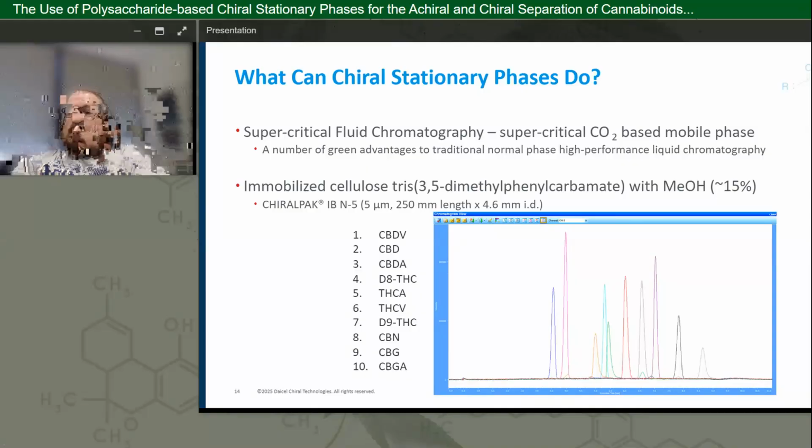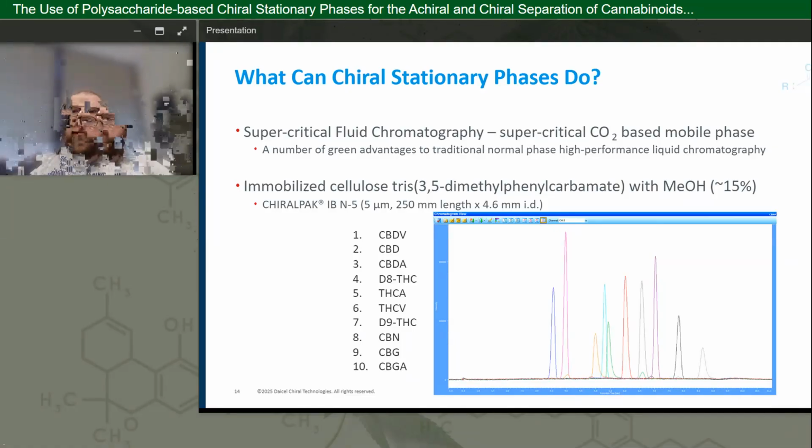If we just look at 10 cannabinoids, and I have them all abbreviated here, we see that if we use a cellulose tris 3,5-dimethylphenyl carbamate chiral stationary phase with methanol at approximately 15% by volume with this supercritical CO2, we have a very nice baseline separation of 10 of these cannabinoids in a very short overall analysis time as well.